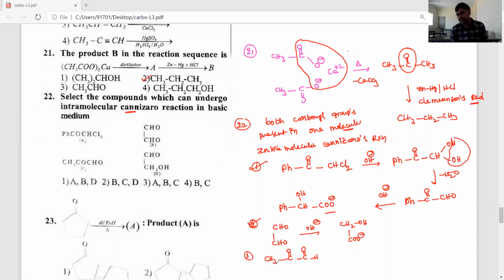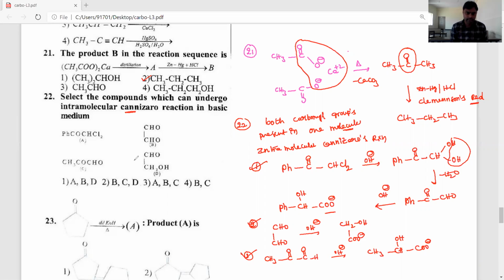Here the ketone has alpha hydrogens but the aldehyde functional group doesn't have alpha hydrogens. Then it gives CH3 CH(OH) COO minus, alpha hydroxy carboxylic acids. So the answer is A, B, C, D. Sorry, A, B, C. First, second and third will be involved in intramolecular Cannizzaro reaction.